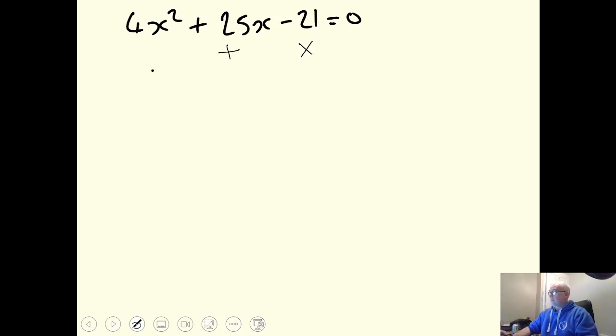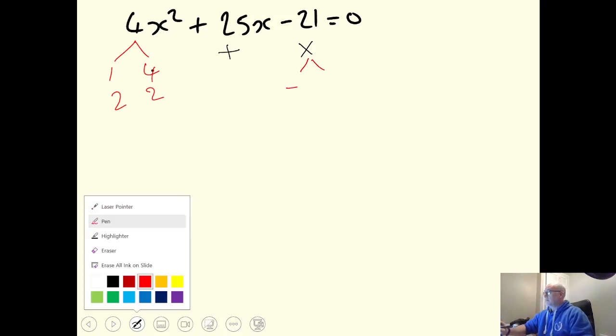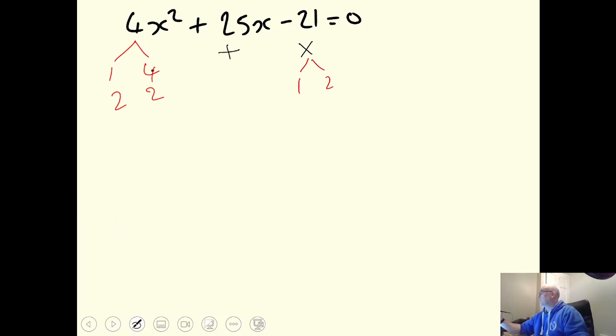But we've got 2 numbers that will factor now. So my 4 is either going to be 1 and 4, or 2 and 2, and the constant term is going to be 1 and 21, or 3 and 7. They're the only factors. So I've got 4 pairs of factors that I'm looking to think what's going to happen if I multiply them out.